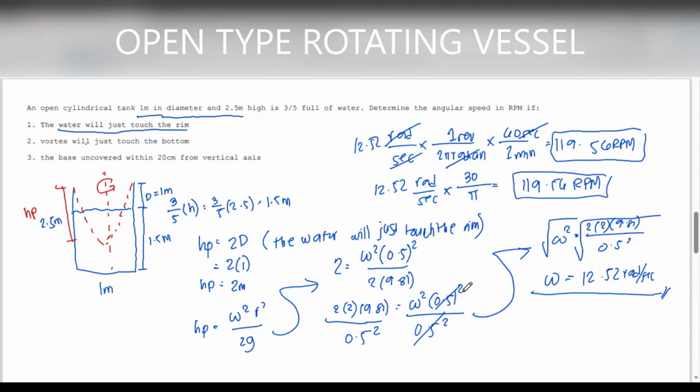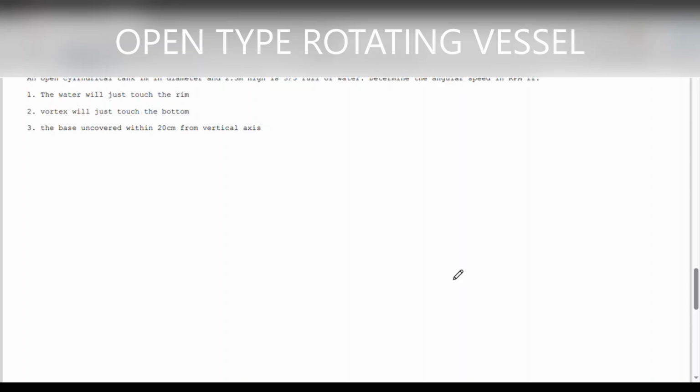Now for question number 2, the vortex will just touch the bottom. So we'll draw it again. Now this is 1 meter, 2.5 meter, this is 1.5 meter, this is 1 meter.